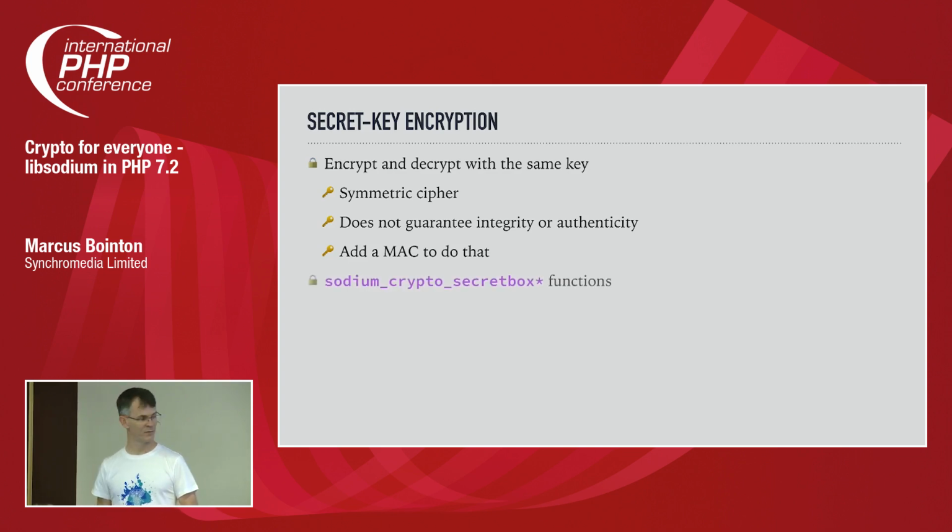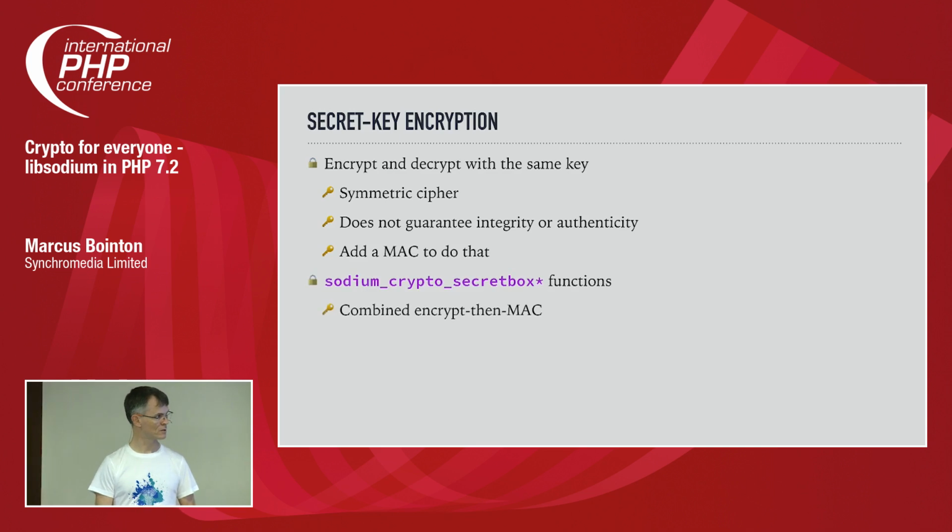So, Sodium provides a whole bunch of functions called secret box. There's a whole family of them. And what they do is they provide a combined encrypt then MAC. And it's important that things happen in that order, because otherwise, if you did it the other way around, calculating a MAC and then encrypting the result, in order to verify it, you'd have to decrypt it and then calculate the MAC. Now say the thing that you were decrypting was really huge, and it might take a long time to do the decryption.